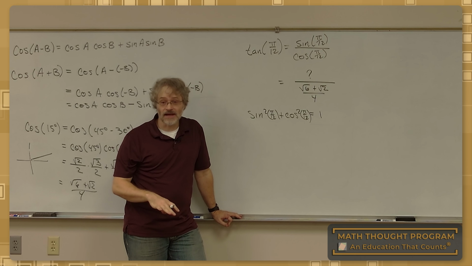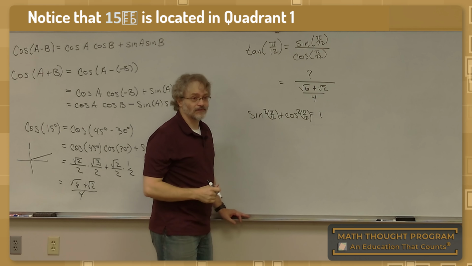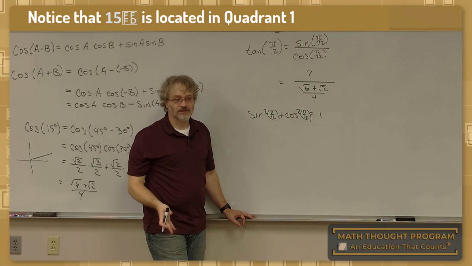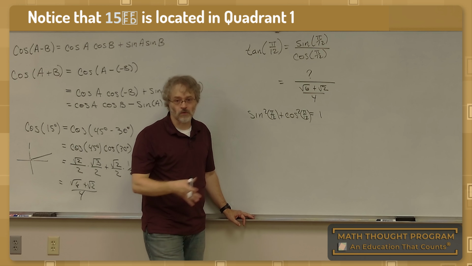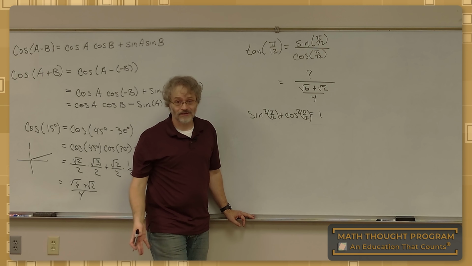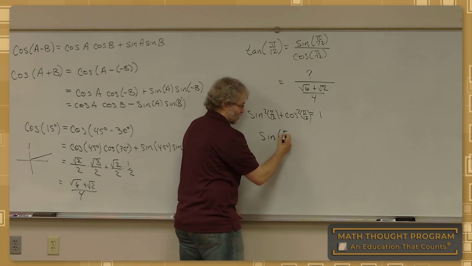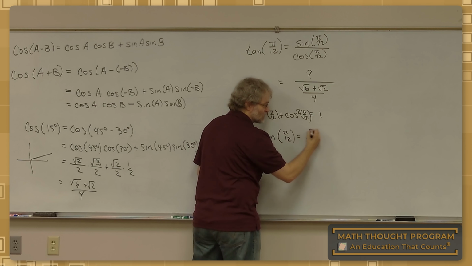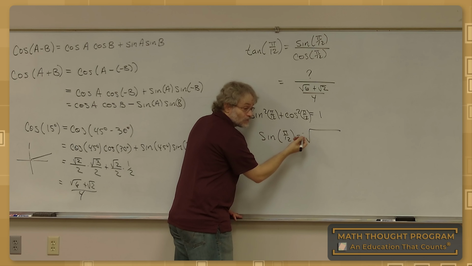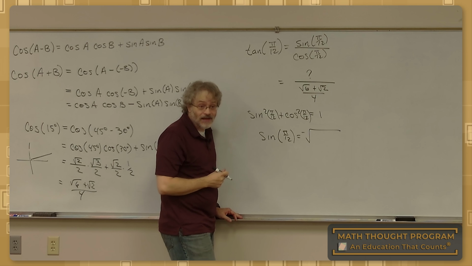But where is this angle located? Pi over 12. It's 15 degrees. Is that in quadrant 1 or quadrant 2? It's quadrant 1. So we're not going to really worry about it because we know it's going to be positive. If I'm in quadrant 2 or quadrant 3 or something, I might need to worry about the negative root.